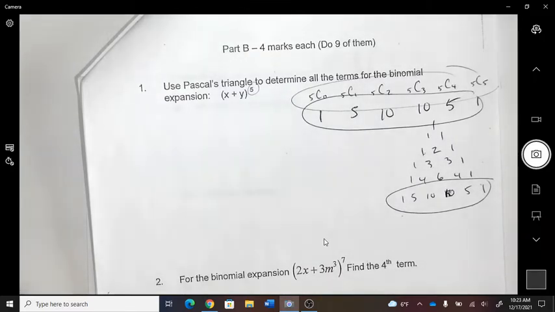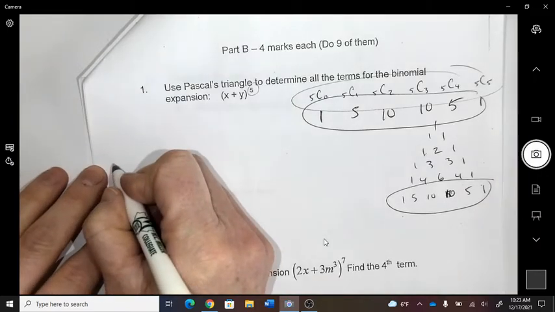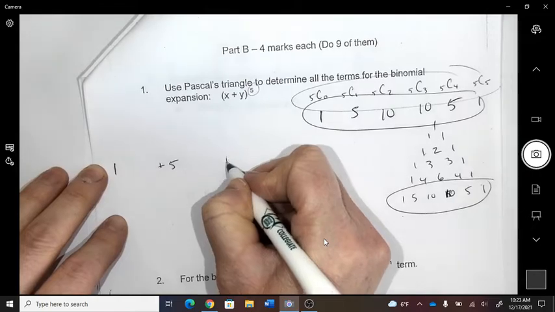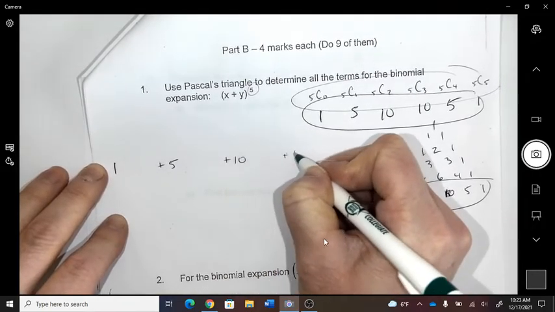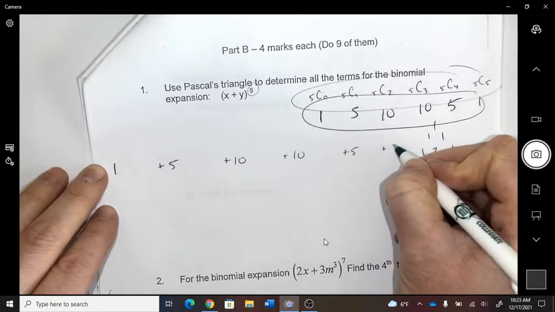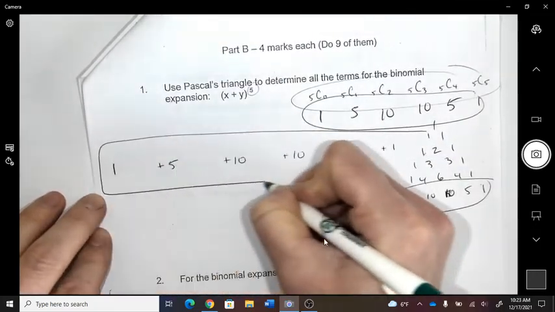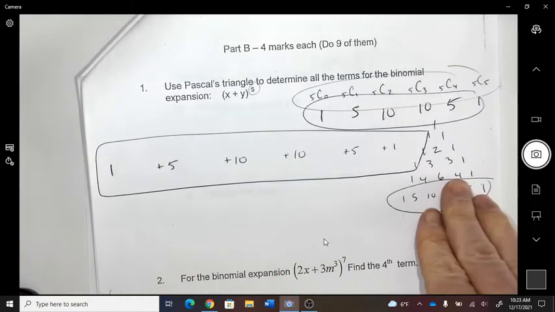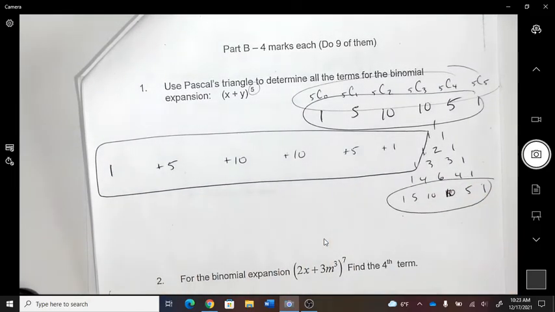Okay, so we're going to expand this whole thing. I'm going to leave some spaces here. I'm running out of room. Okay, I'm going to expand these 6 terms. Those are my coefficients.